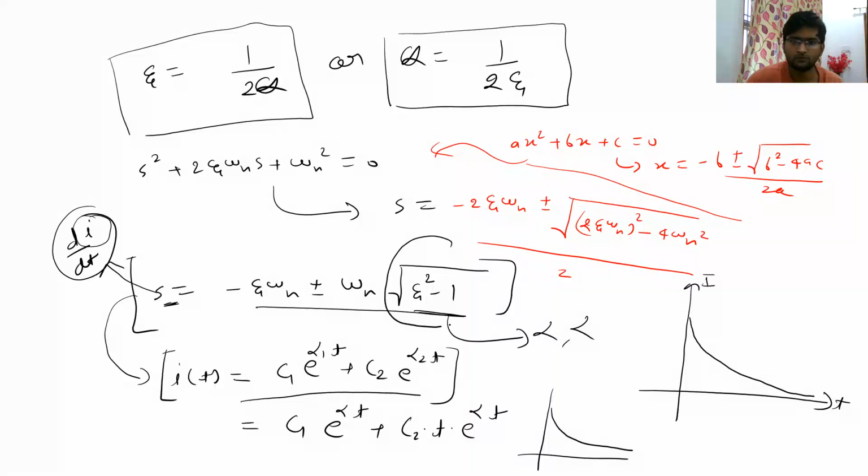It can be controlled by which term? If you observe this particular term in the solution of the differential equation, which is minus zeta omega n plus minus omega n under root zeta square minus 1, then for both roots to be real and different, the zeta square minus 1 term must be greater than 0. Let me write it on a clear page first.